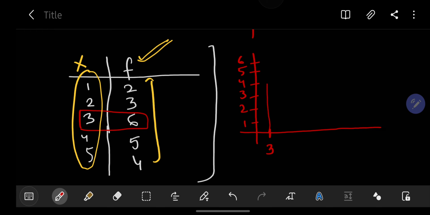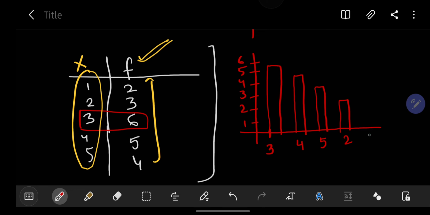So 3 extends up to 6. For 4 it extends up to 5. For 5 it extends up to 4. For 2 it goes to 3, and for 1 it goes to 2.